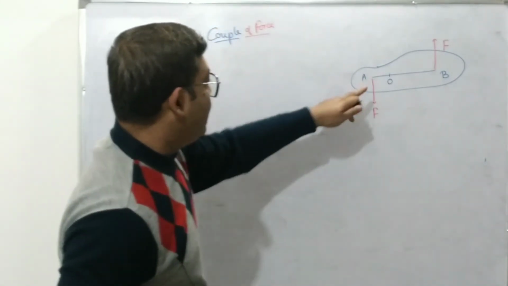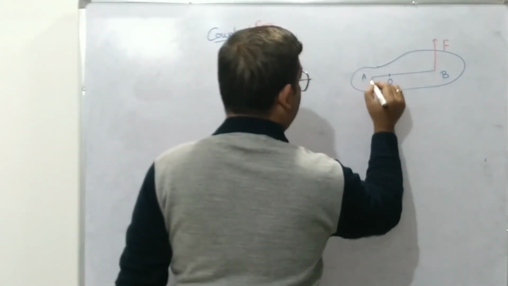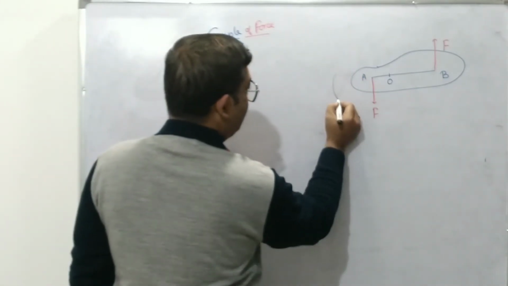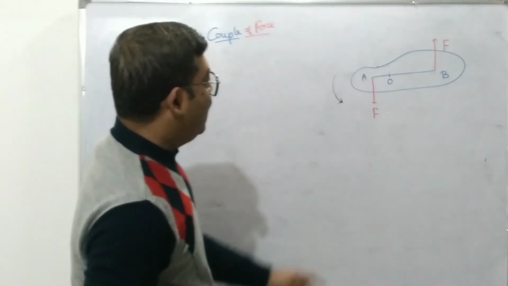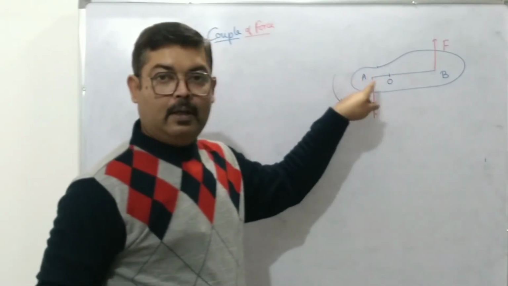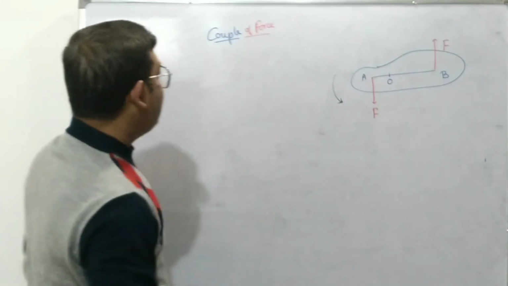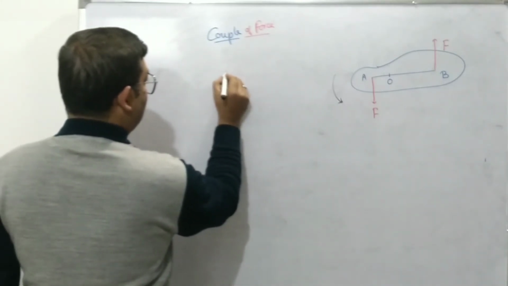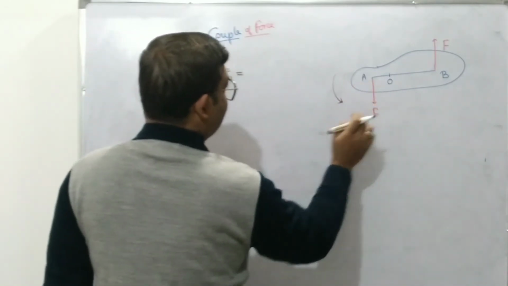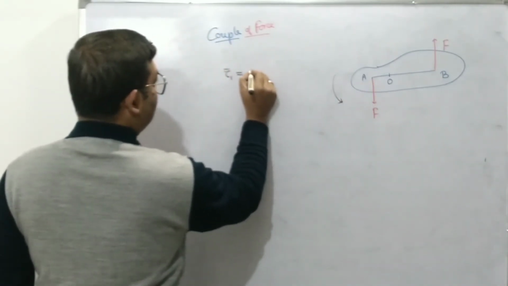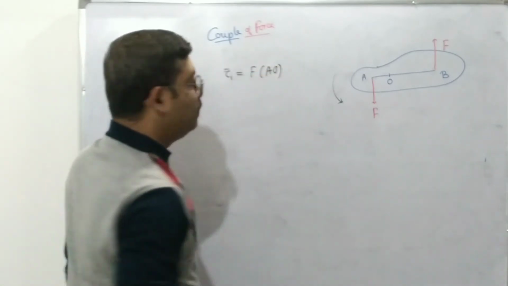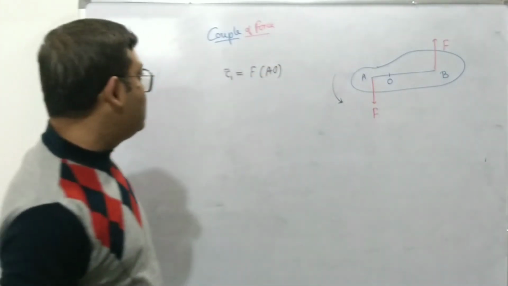Now let's consider point of application A. Because of the force, the object is going to rotate in this direction. And we have chosen, for our convenience, that the force is perpendicular to the line OA, which means tau1, the torque for the first force, will be F into AO, force into perpendicular distance.